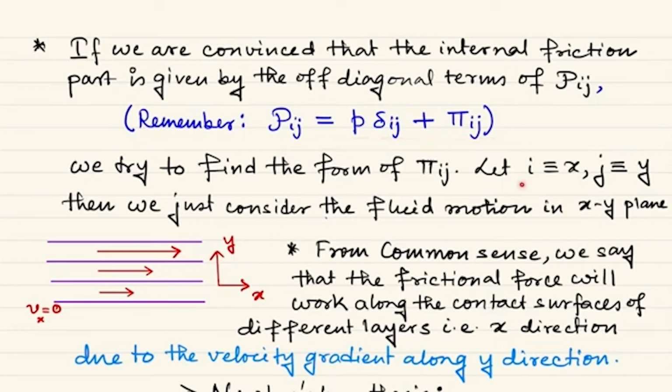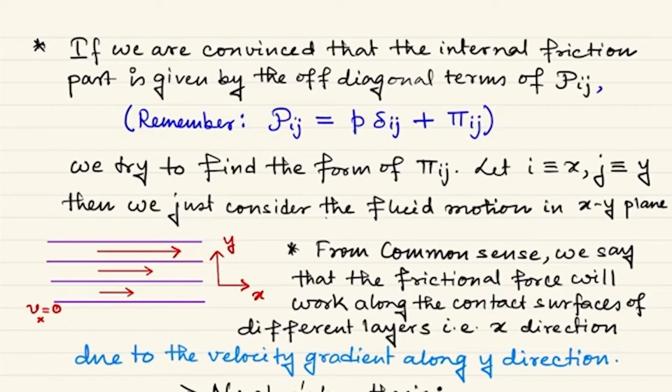Let's say i is x and j is y. Then we just consider the fluid motion, let's say, in the xy plane. So this is the xy plane, and we consider that the z direction is perpendicular to the plane of the paper.